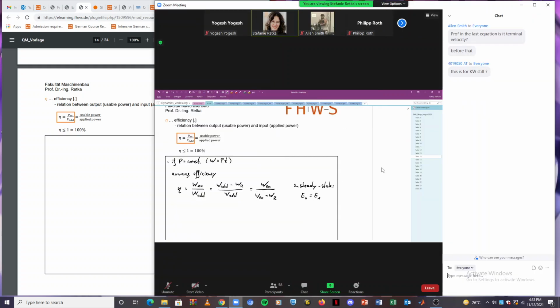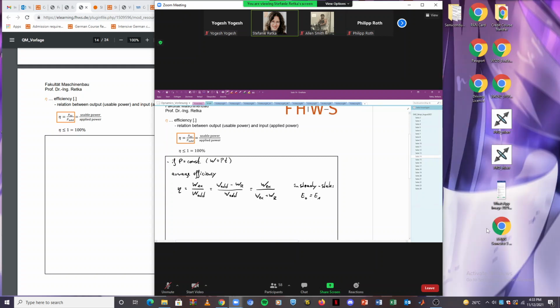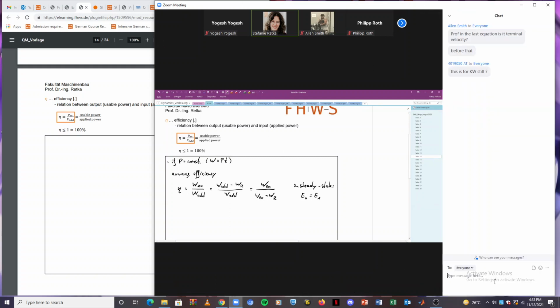The components of the energy can change, velocity can increase, potential energy can decrease at the same time, but the sum of all these components stays constant. Work due to friction is WR.